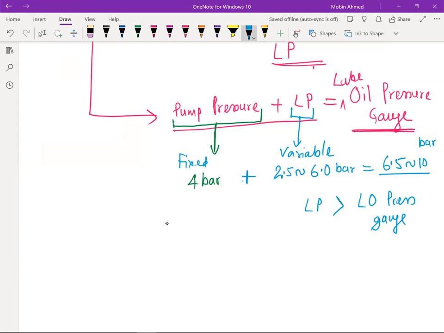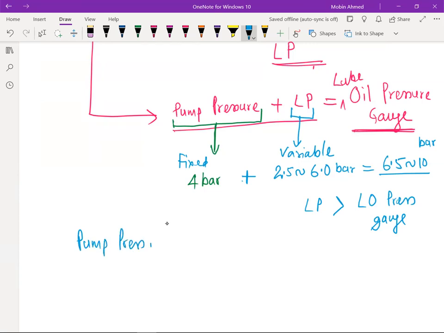Now, how to make a LOLP trip? We will never come to know the pump pressure directly. So how do we find out the pump pressure for the LOLP trip?